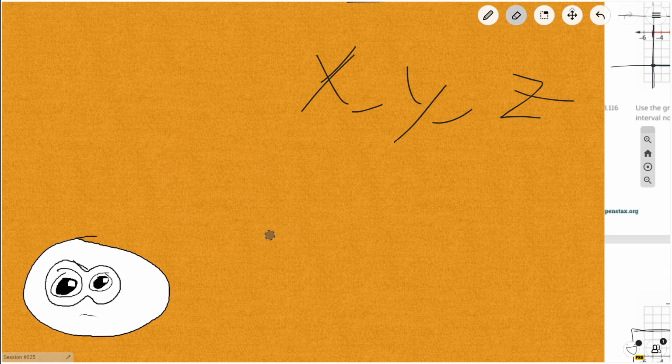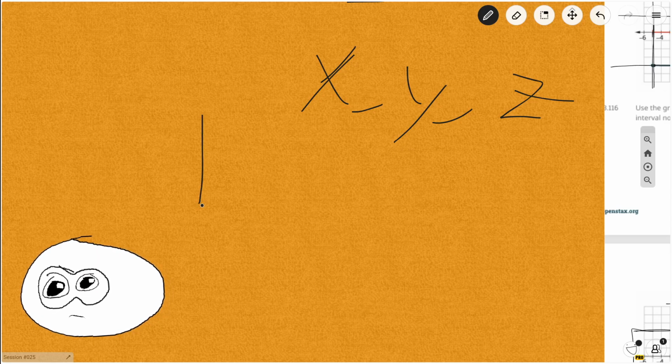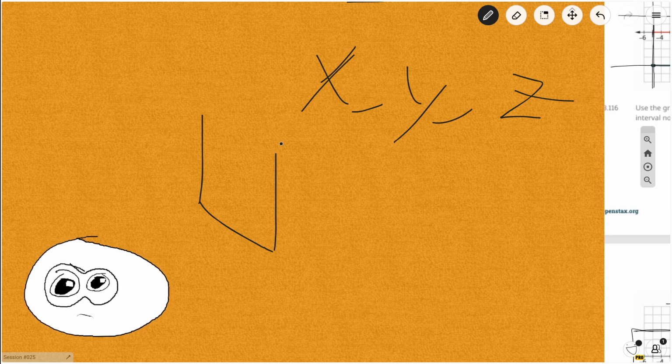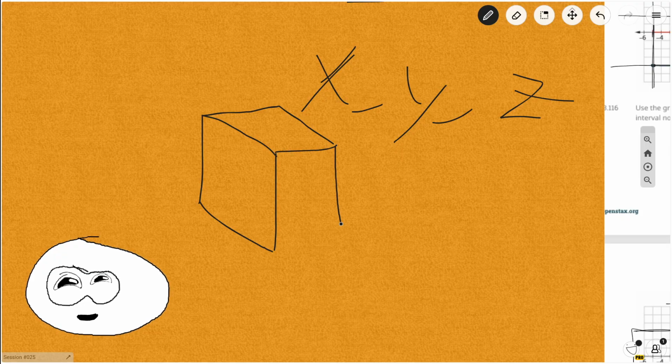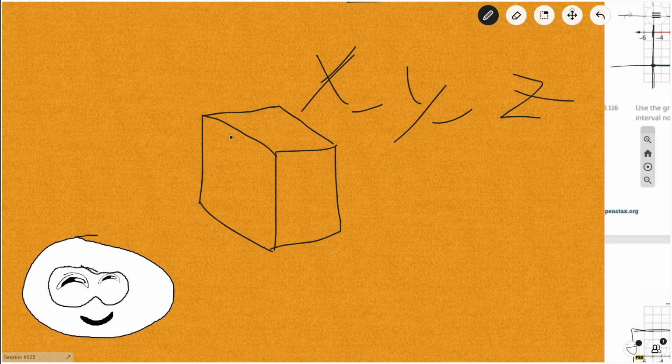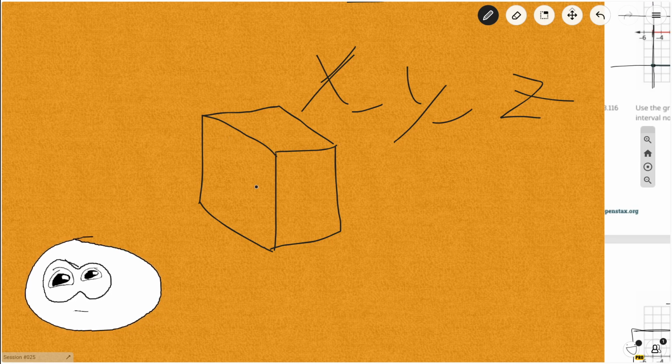And I drew that poorly. That doesn't help. Boom, boom, boom. I think that's cubish. It's not a perfect cube, but it's cubish, right?